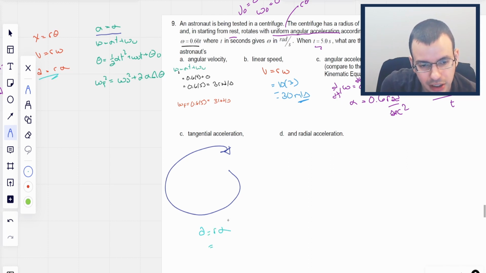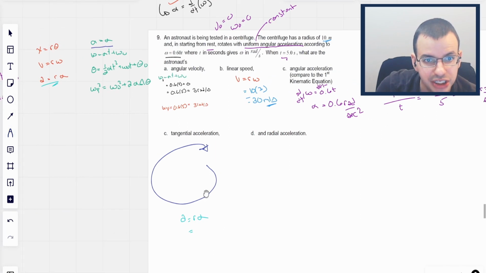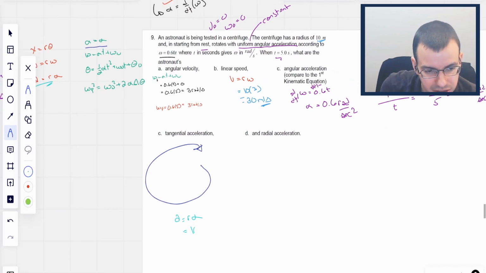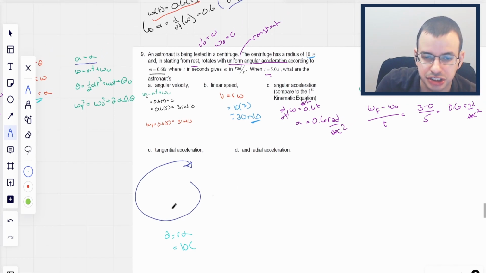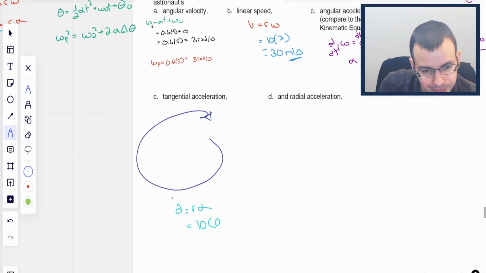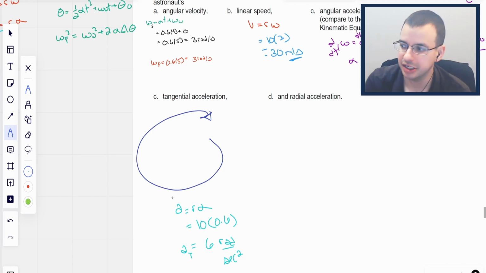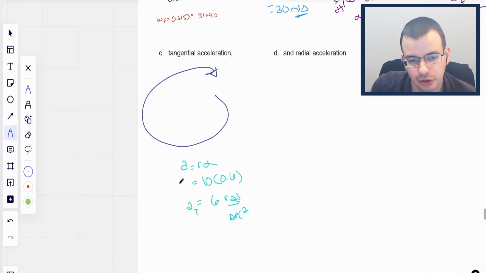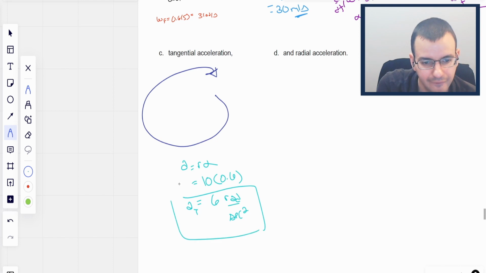This is going to be r, which is 10, times alpha, which we just found, which is 0.6. So this is going to be 6 meters per second squared. The linear acceleration, I'll write a with t underneath it to mean tangential, which is the same as linear in this case.